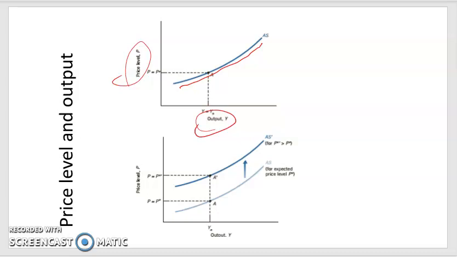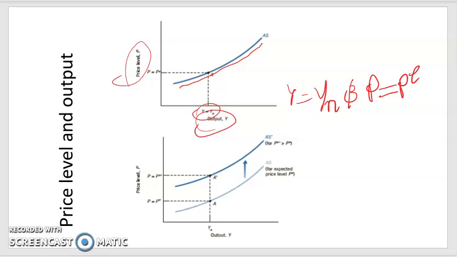Output is an increasing function of price, or an increase in output leads to an increase in price. So at equilibrium, output is equal to the natural level of output, and therefore price is equal to expected price.